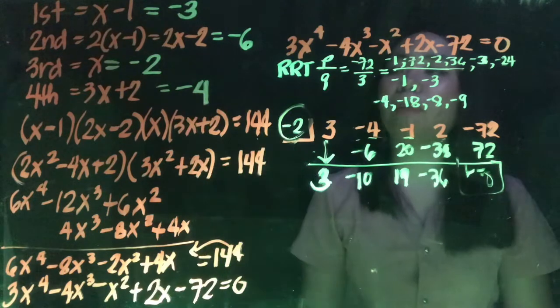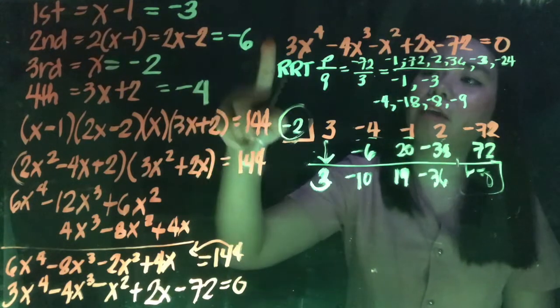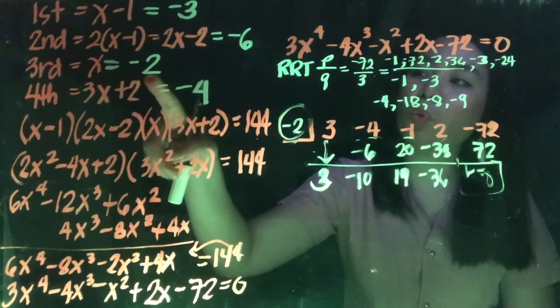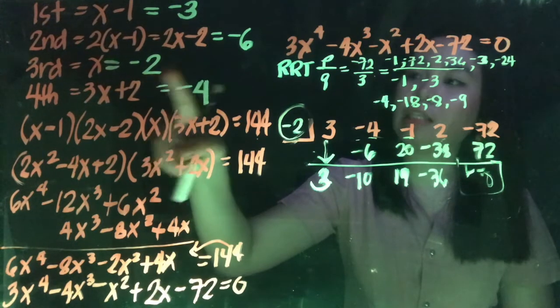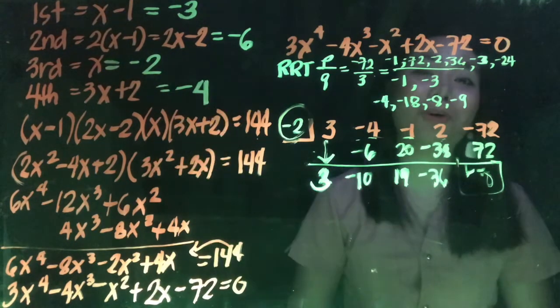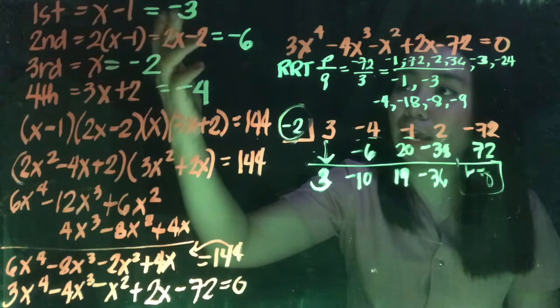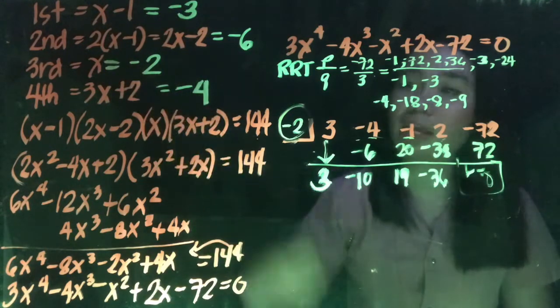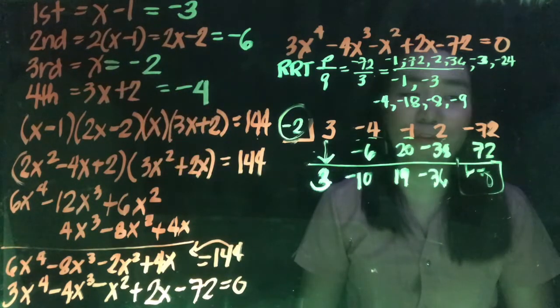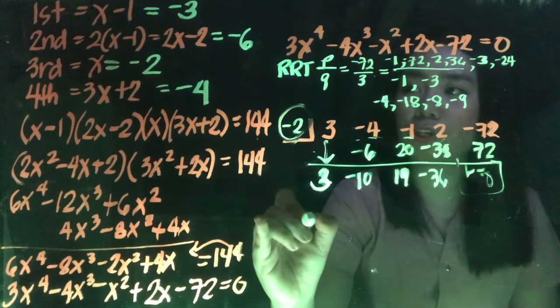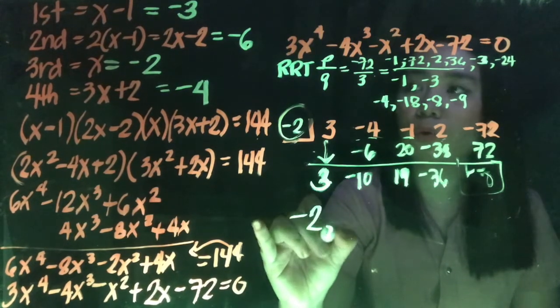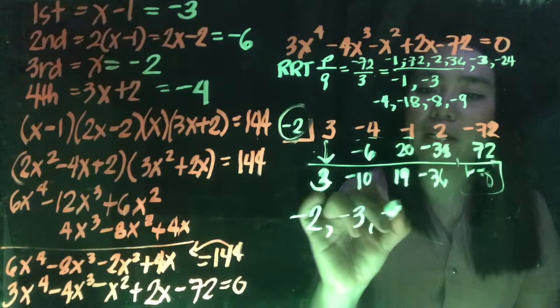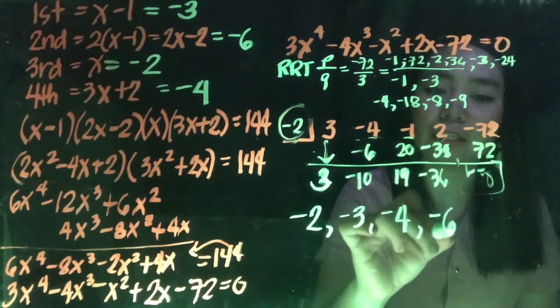So when we multiply all these numbers, this is 3 times 6, 18, times 2, 36, times 4, which is 144. And negative times negative times negative times negative is positive 144. Therefore, the integers are negative 2, negative 3, negative 4, and negative 6.